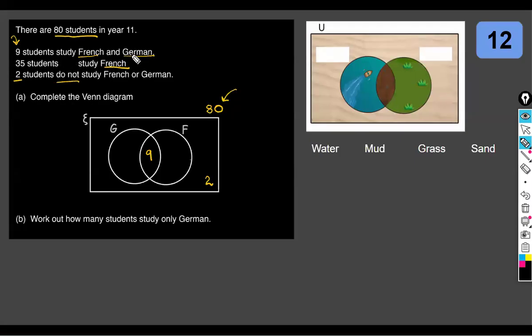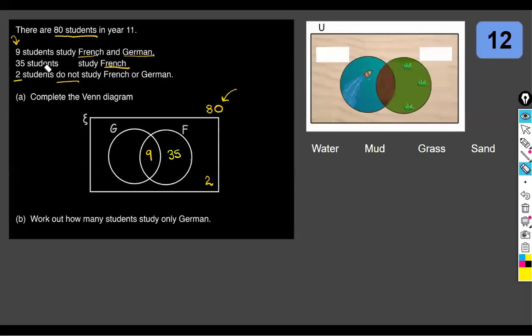If they said 35 students study French, if they left out the word only, you could not put that 35 inside there. The only reason you are allowed to put the 35 inside here is because they use the word only.